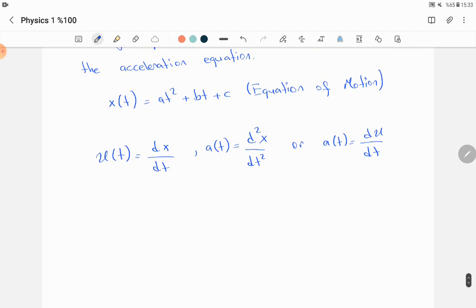Let's look at an example and try to completely understand this varying linear motion.